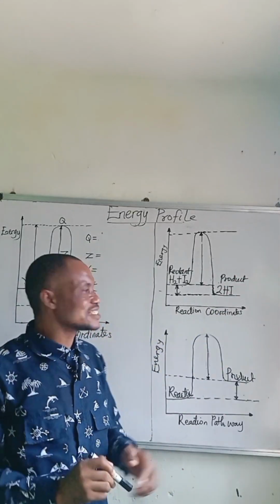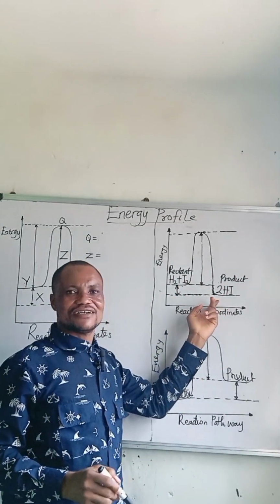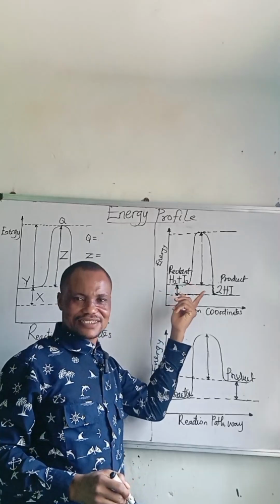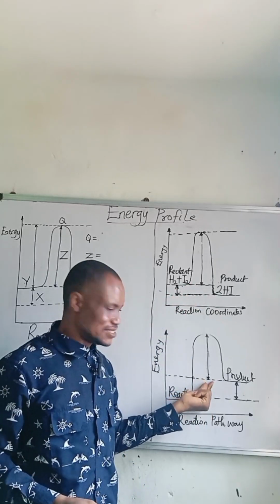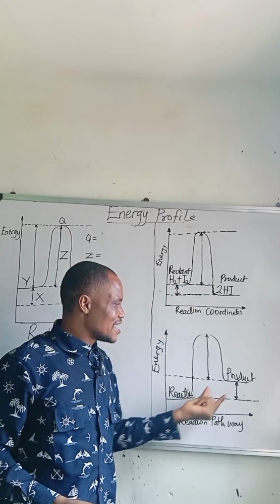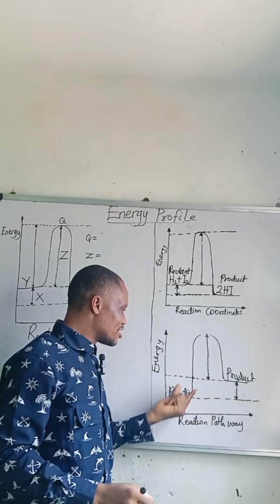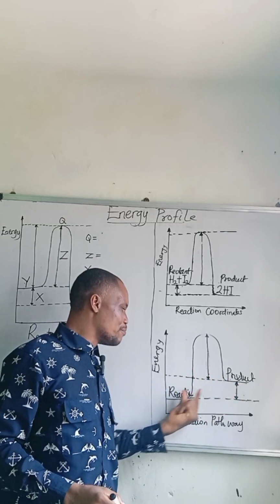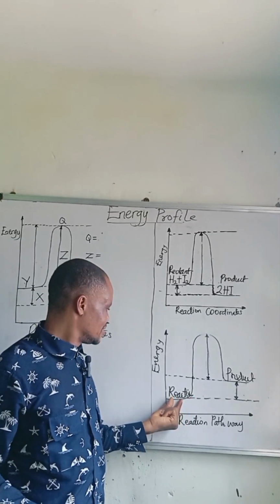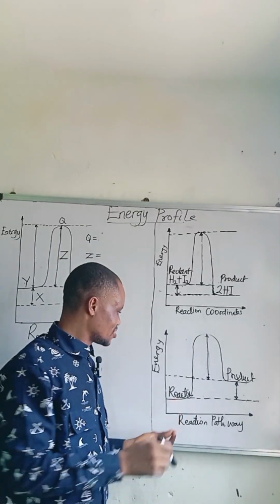The curve extended below the reactant. But if you take a look at this, this is the reactant and this is the product. Okay? The curve is above the reactant. Okay?